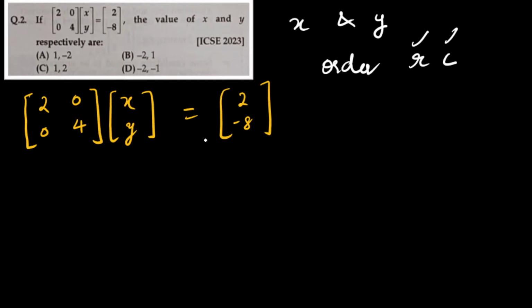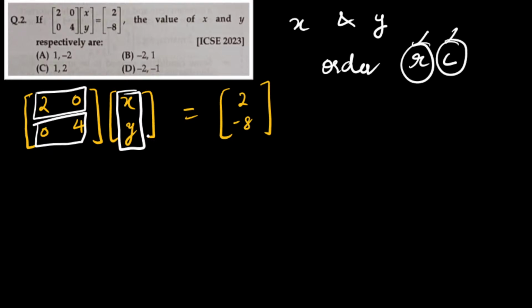Here they have given the answer also, which means matrix multiplication is possible. So we will use the first matrix's rows and the second matrix's columns. If you want, you can mark it like this. I have marked differently. You can mark for your understanding so that no mistake can happen. So you have to mark rows and columns like this.